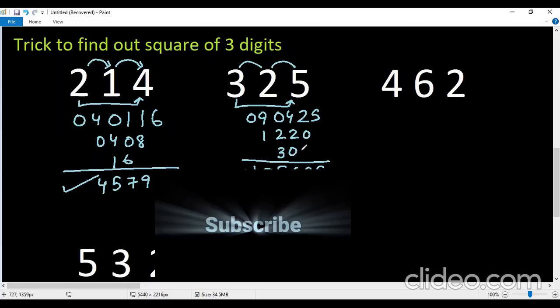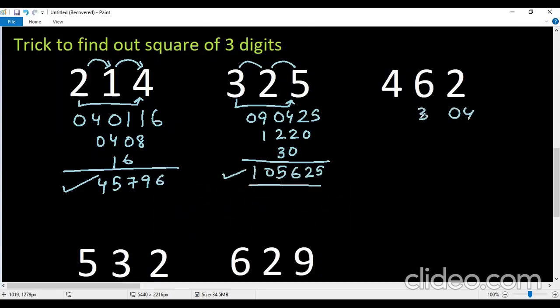When it comes to 462, in here 2 times 2 is 04, 6 times 6 is 36, and 4 times 4 is 16. I will write like this. Now 4 times 6 is 24, and I will write 48 like this. And 6 times 2 is 12, and I will write the double of this number, 24, like this. Now lastly, 4 times 2 is 8, 8 plus 8 is 16.